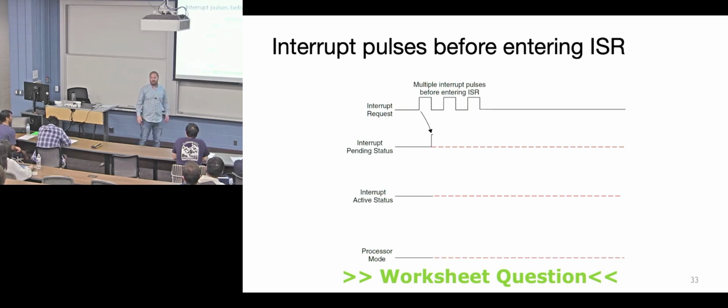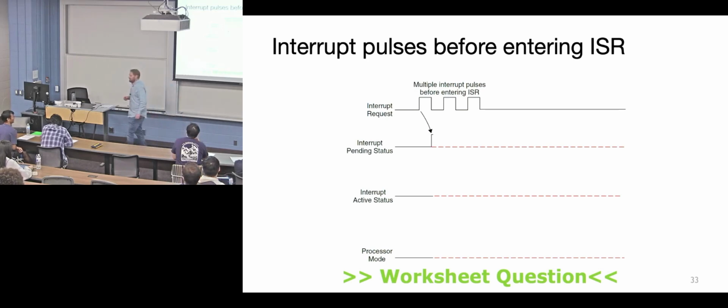And so what would be the bad thing with trying to keep track of how many times the interrupt went off? What would you do in that case? You'd need a register to count it. And then how would you respond to it? You'd have to keep track of how many times it went off, and then have special code that says it went off 3 times before I could handle it. It just gets complicated. Could you save the interrupt request in memory?